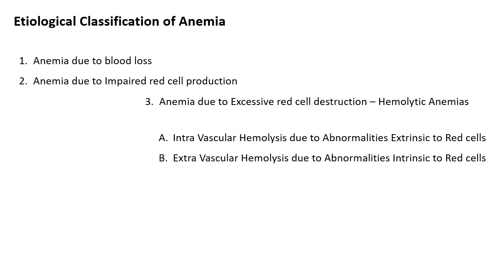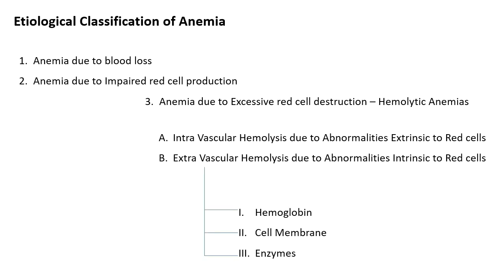The other one is extravascular hemolysis due to abnormalities intrinsic to red cells. Now again, abnormalities are intrinsic to red cell, that is present within the red cells, but the hemolysis is extravascular. Extravascular hemolysis due to abnormalities intrinsic to red cells. Extravascular hemolysis, that is in the spleen, most common site.